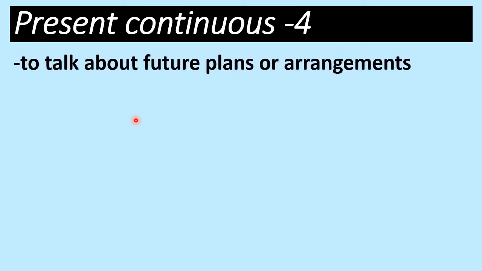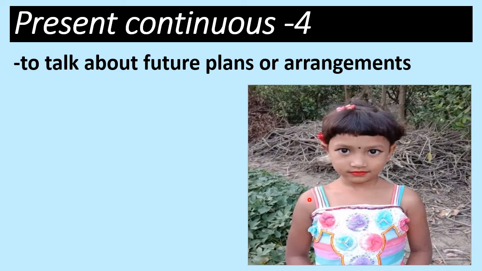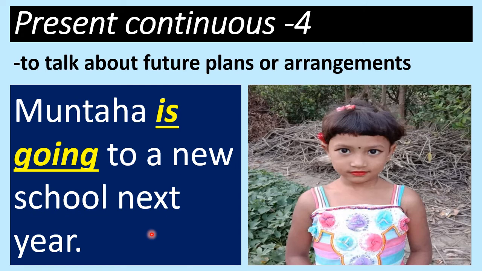We also use present continuous to talk about future plans or arrangements. Look at the picture, look at the example. Muntaha is going to a new school next year. I'm talking now about Muntaha, but she has planned to go to a new school next year, not now.